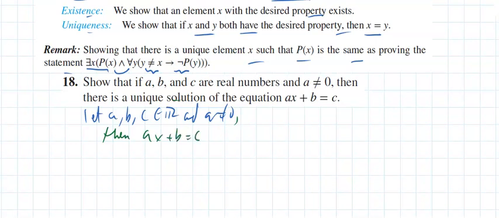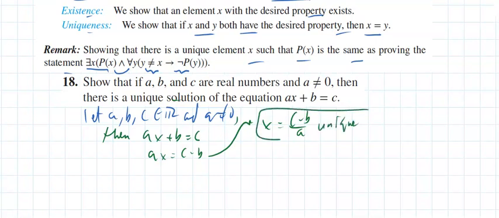There is a unique solution. Well, okay, of course there is here. Ax equals c minus b, and x will be c minus b over a. Since a cannot be 0, well, this is unique. This is one of a kind, right? There it is.